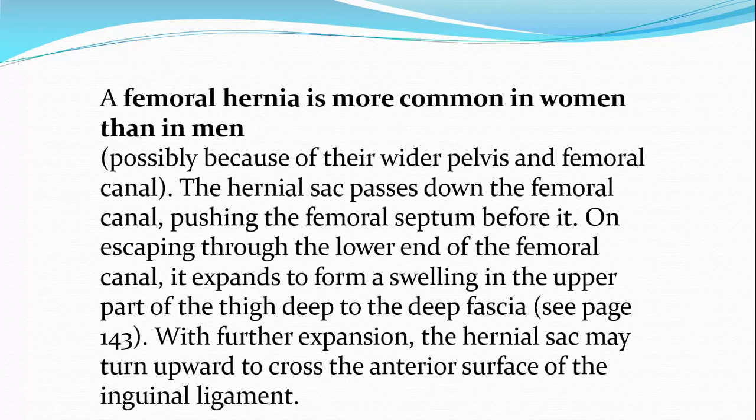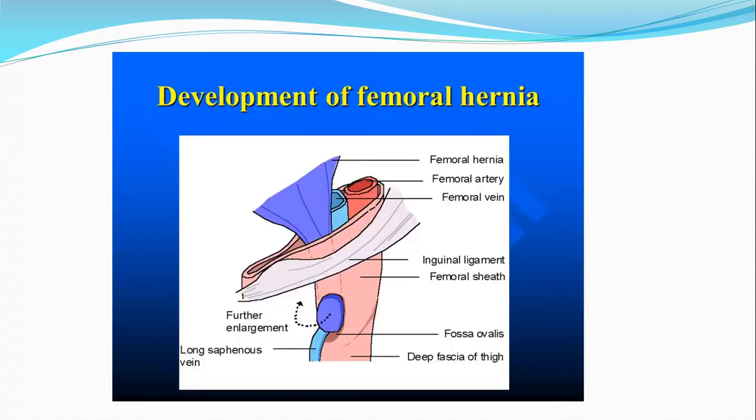But the important point here is that we are seeing the femoral hernia. There is another very important form of hernia, the inguinal hernia, which comes through the inguinal canal. So we have to differentiate the inguinal hernia from the femoral hernia.